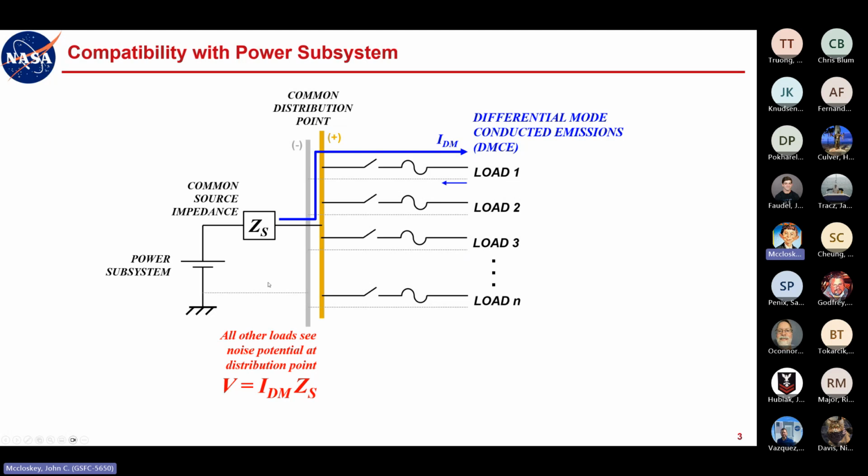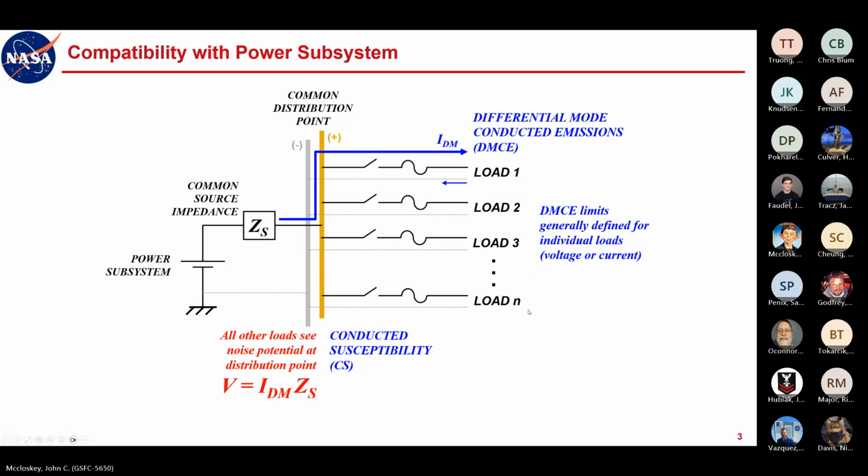So from a susceptibility standpoint, what we're interested in is the composite noise potential at the distribution point that everyone will see. And that's our conducted susceptibility. Differential mode conducted emissions limits are defined for individual loads, and generally in terms of current. That was the subject of the last session. And conducted susceptibility limits are defined for the worst case composite voltage ripple at the distribution point.